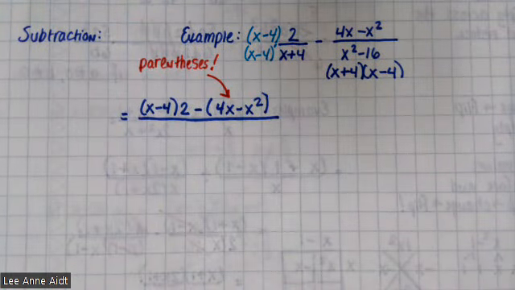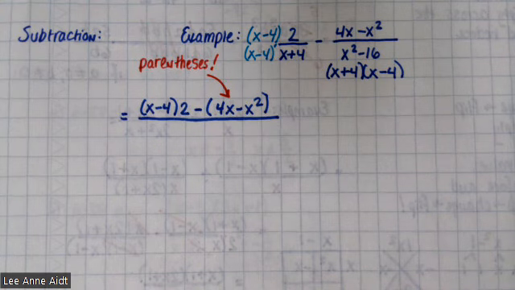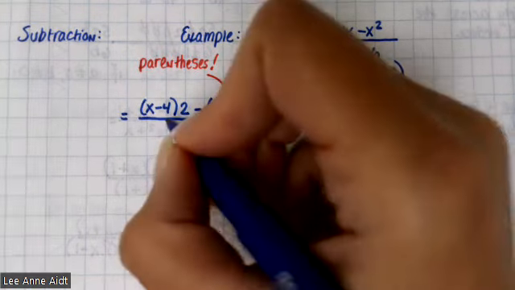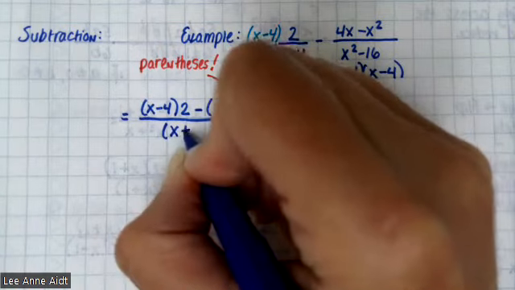Okay. Why do I need parentheses? Anybody remember the reason? Yes, because you're subtracting everything. Or you could say you're subtracting a binomial, which is 2 items. Bottom stays the same.